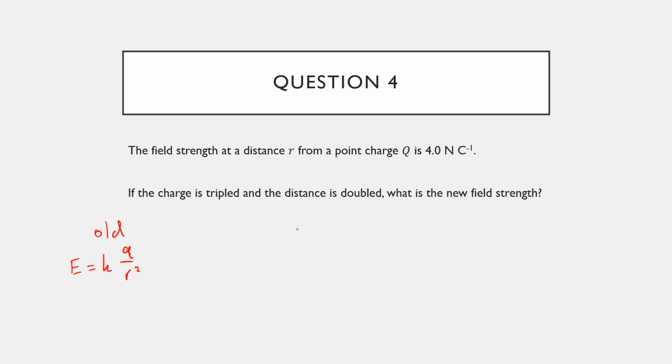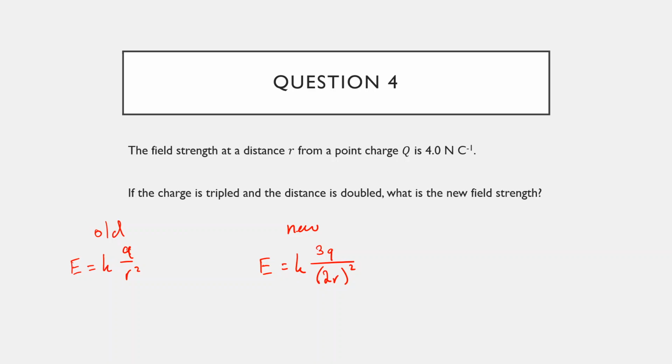So the new field strength can be written as k times, instead of q, we've now tripled the charge, so it's going to be 3q. And the distance has doubled, so instead of r, it's going to be 2r. Just remember to put that 2r in brackets, because what you're doing is replacing the r with the 2r.